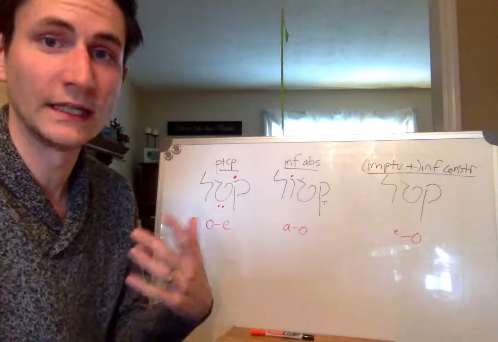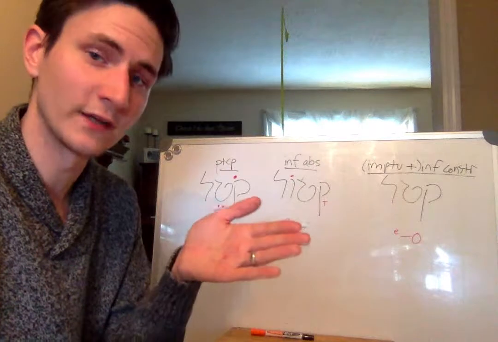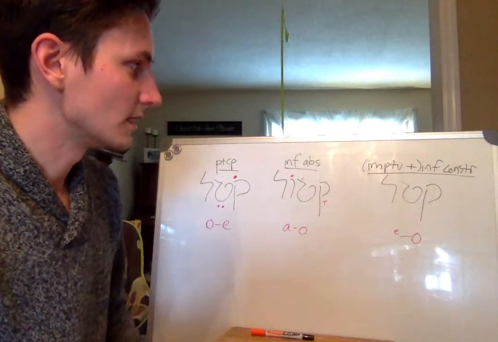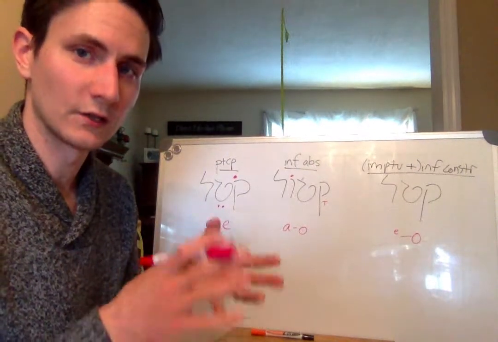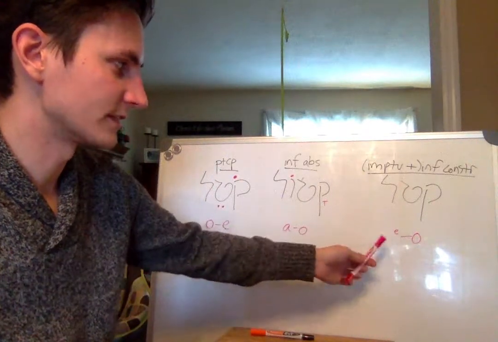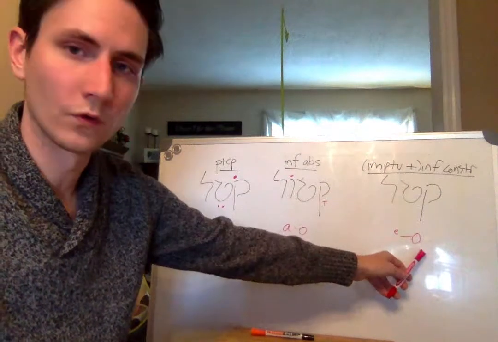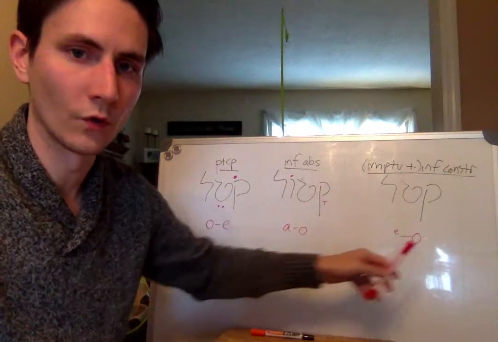So, for instance, yiqtol, you drop off the first yod, and you would have qtol. In the infinitive construct, it's similar, but there are some slight differences. But in the basic pattern, it's the same. Shewa, so little o. O. Okay, so let's review.